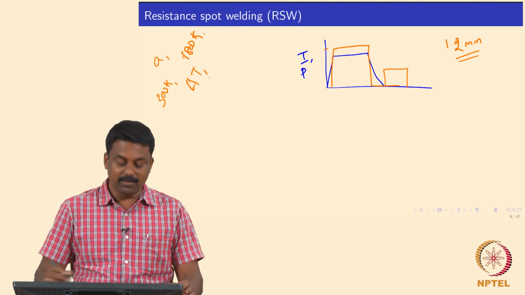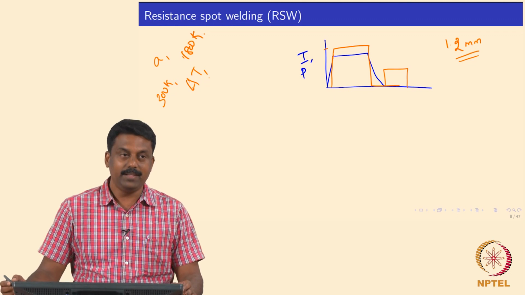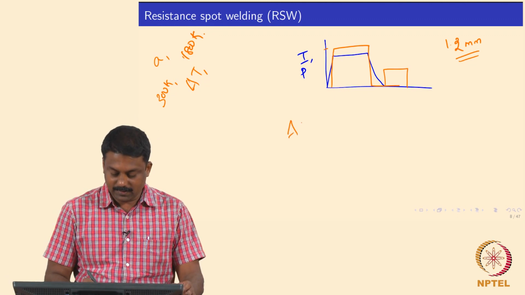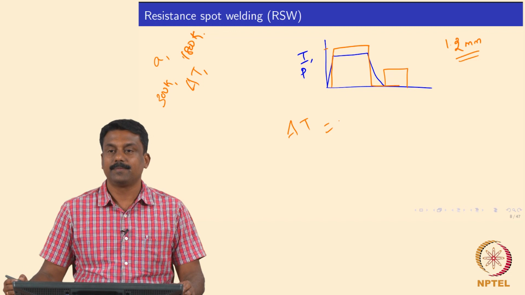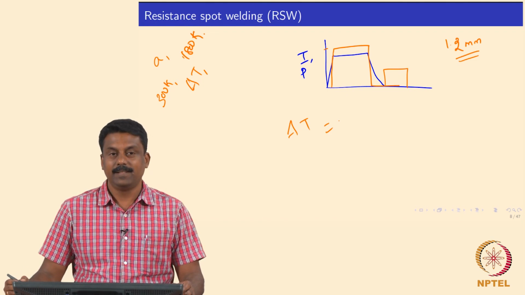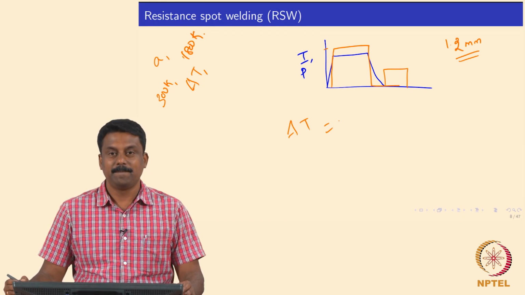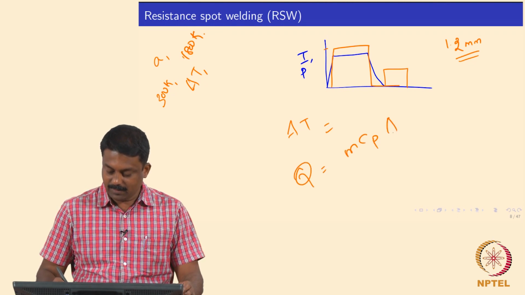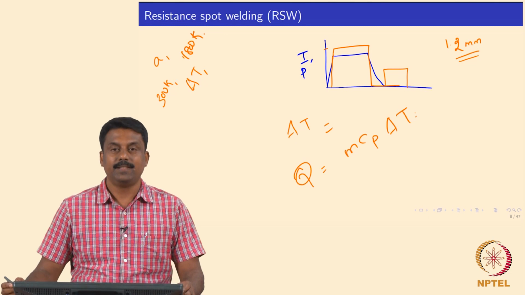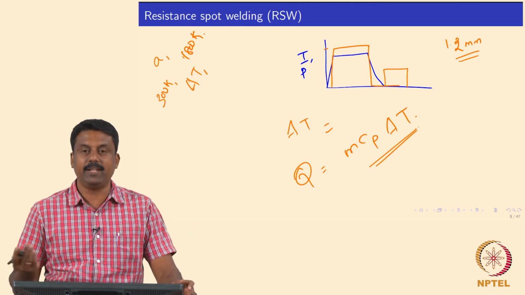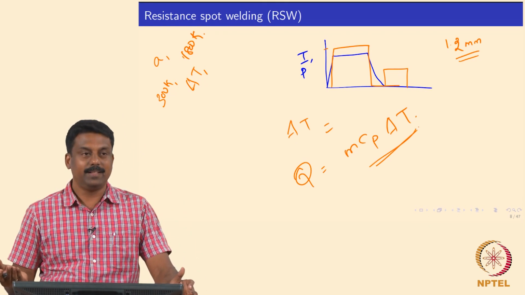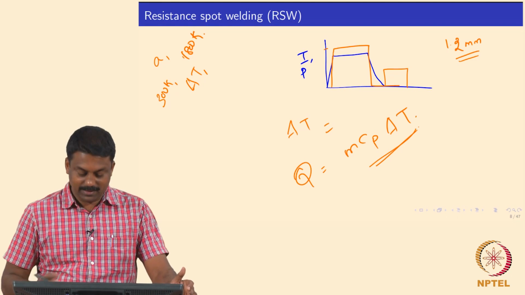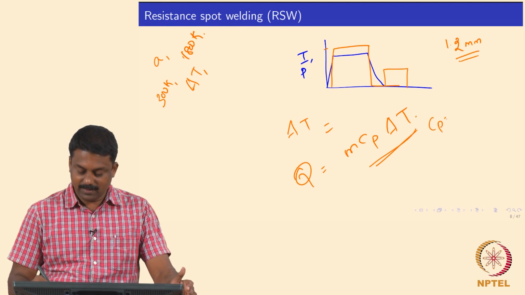Yeah, exactly, you need to know the specific heat capacity. So, Q is m Cp delta T, isn't it? This is the definition of specific heat capacity. What is the unit of Cp?